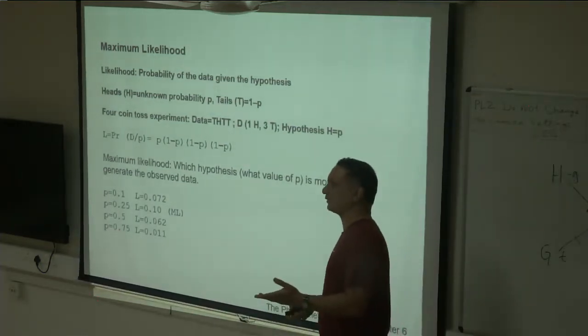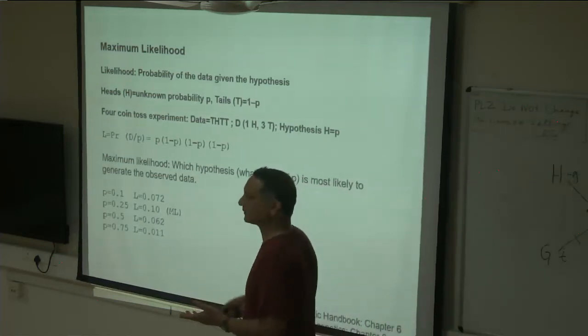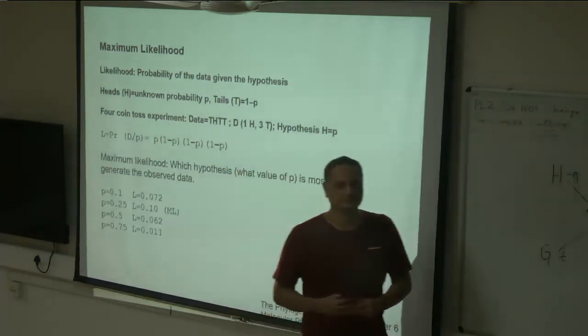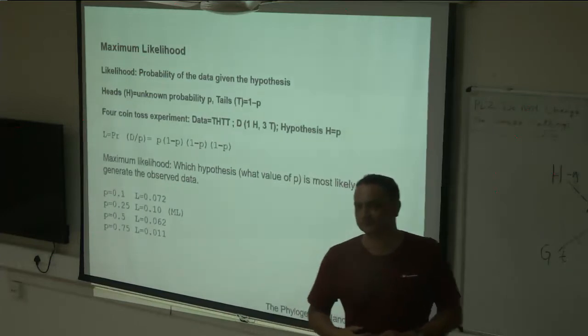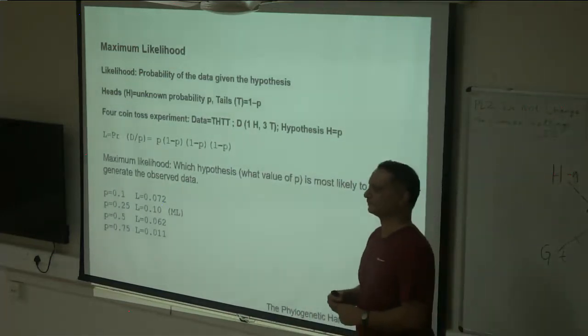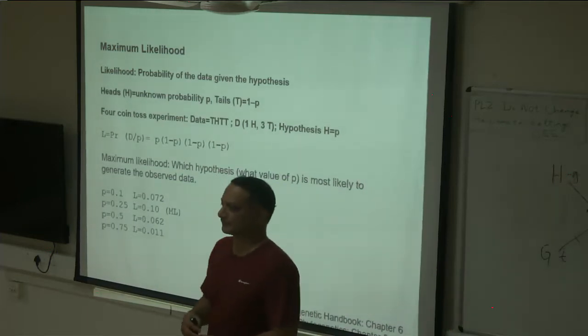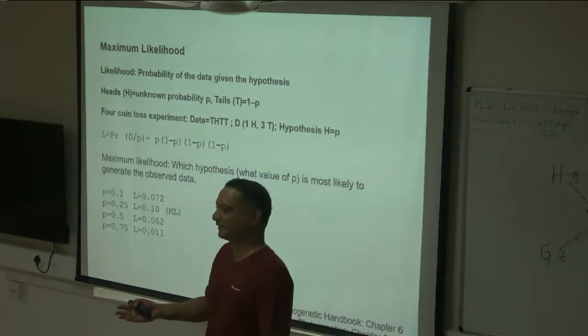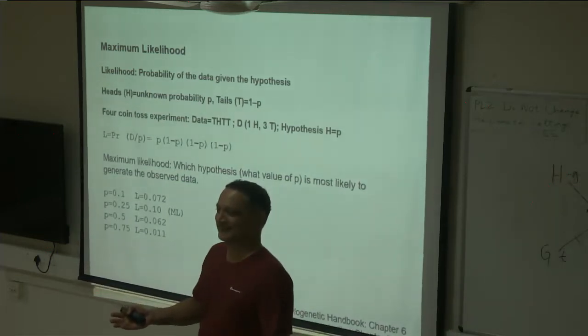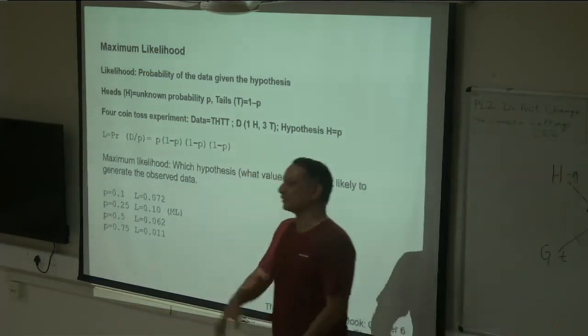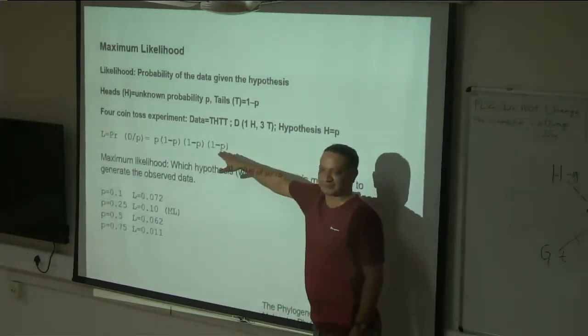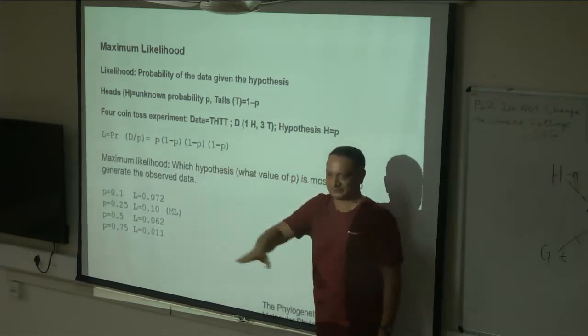Which hypothesis would you pick given this data? This is not rocket science, guys, come on. Not fair, right? Of course, one can argue that I've not flipped it enough times. This can just be random error also.